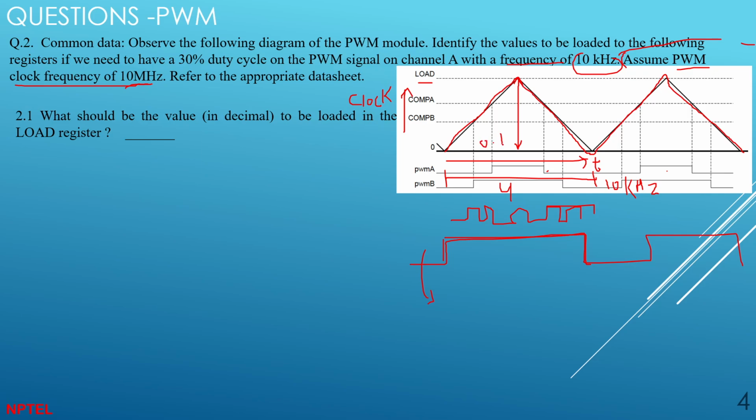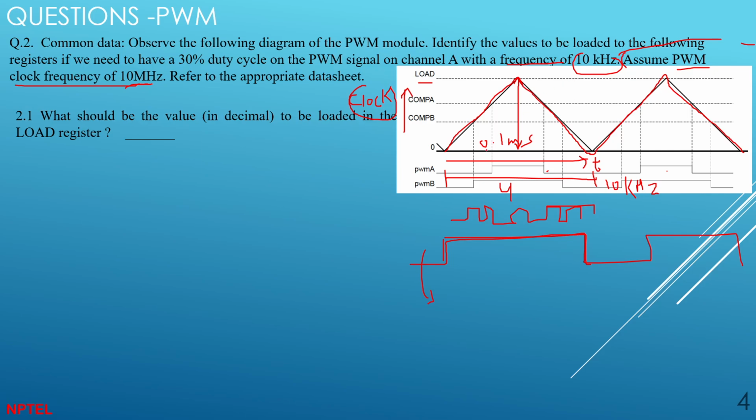That's 0.1 millisecond basically, in terms of clock cycle. So this is an equilateral triangle, and this is what 10 kilohertz looks like.